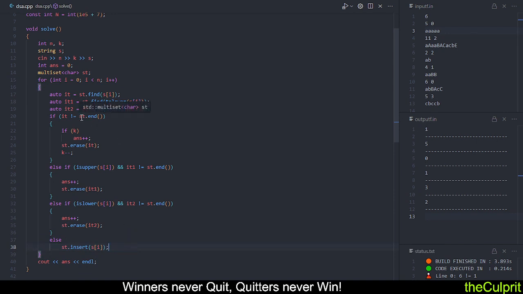Then I see that K is 0 for now. How is the answer getting incremented?